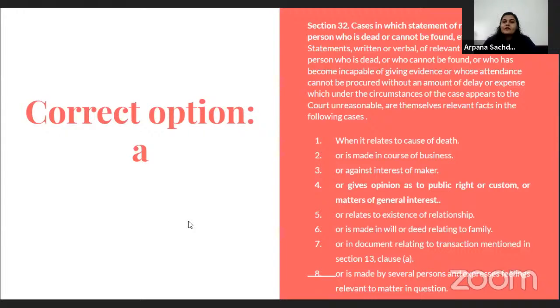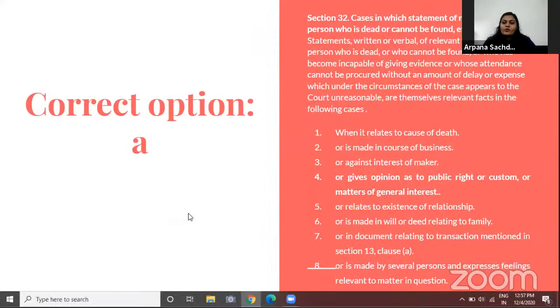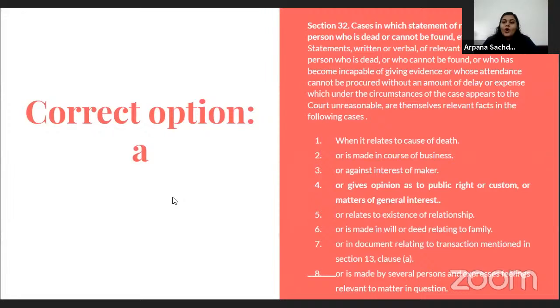It says that a statement, written or verbal, of a relevant fact made by a person who is dead or cannot be found, or who is incapable of giving evidence, or whose attendance cannot be procured without an amount of delay or expense which, under the circumstances of the case, appears to the court unreasonable, is itself a relevant fact in the following cases, and we have this list of eight. Sub-clause 4 says that a statement giving an opinion as to a public right or custom or matters of general interest is relevant.